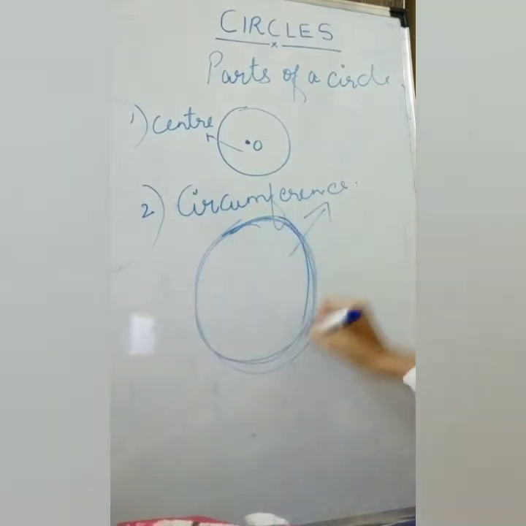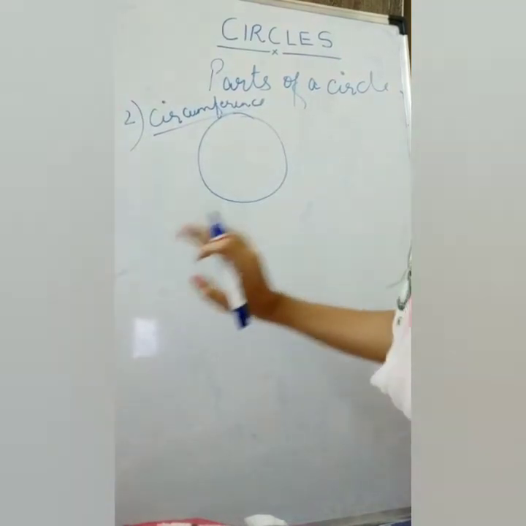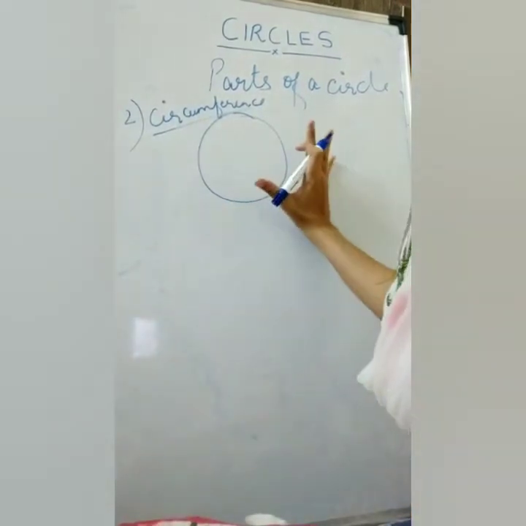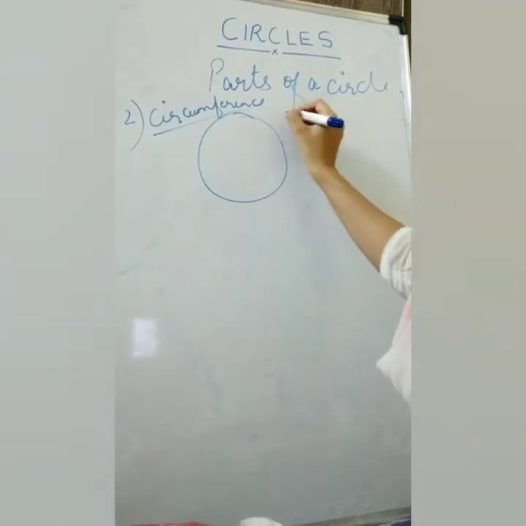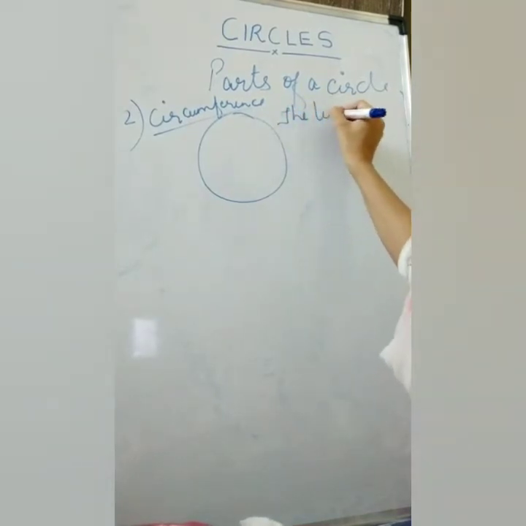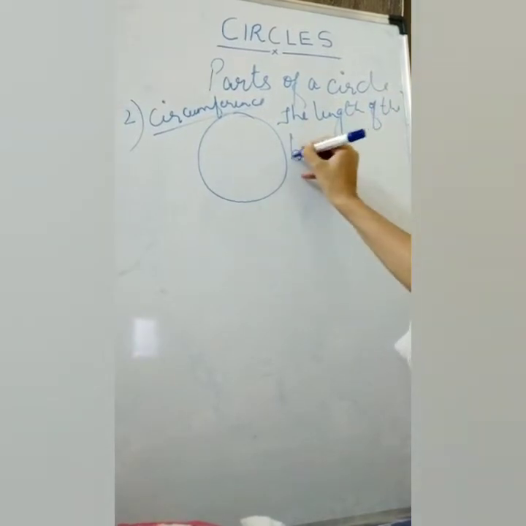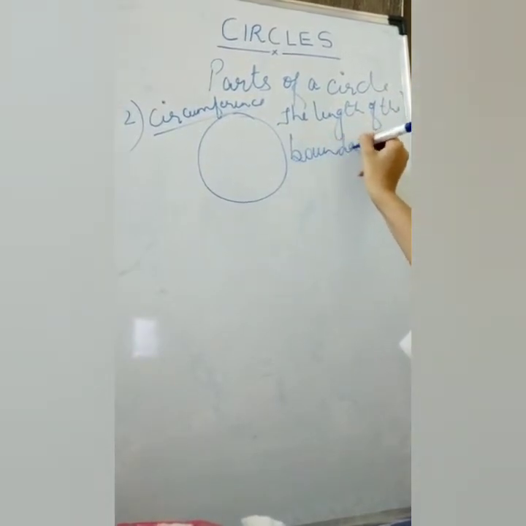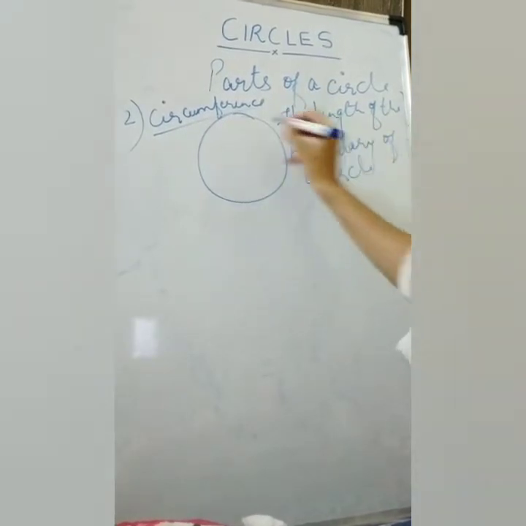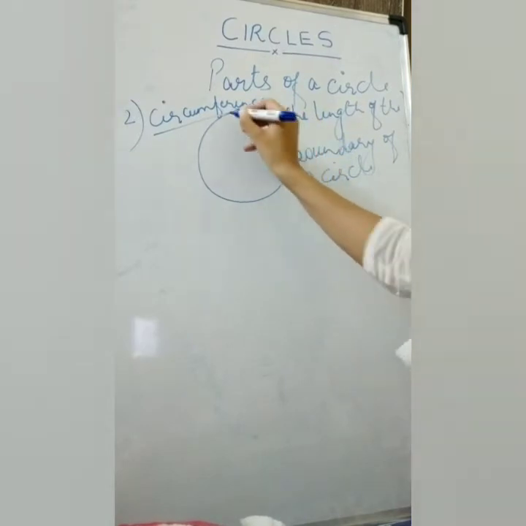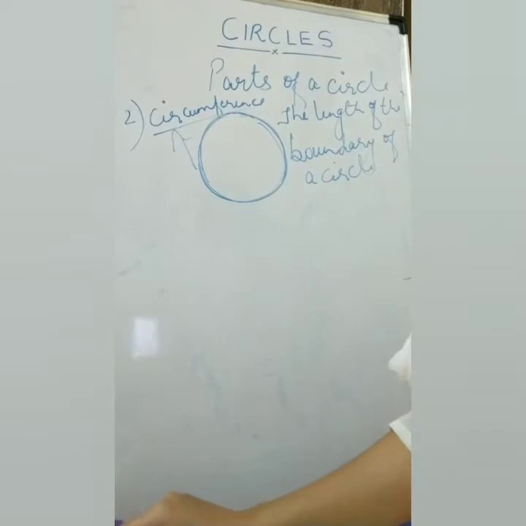So if we are defining circumference, it will be the length of the boundary of a circle. This is the length of the boundary of the circle that we call circumference.